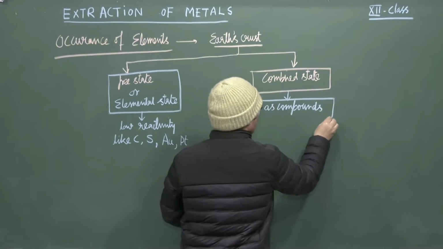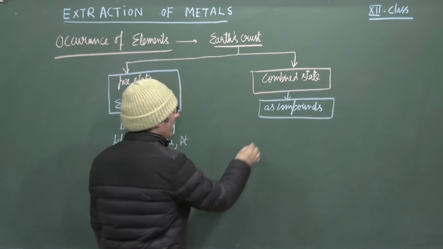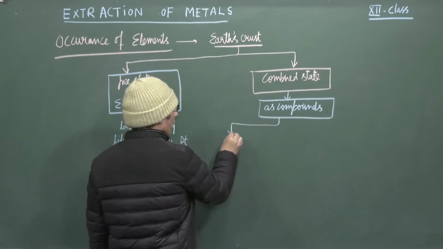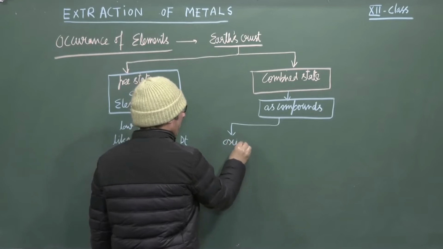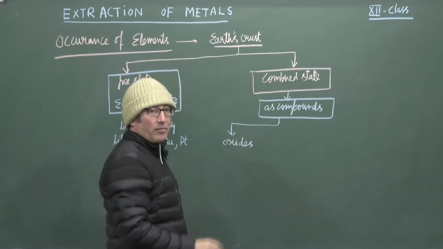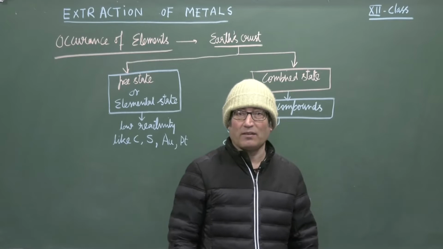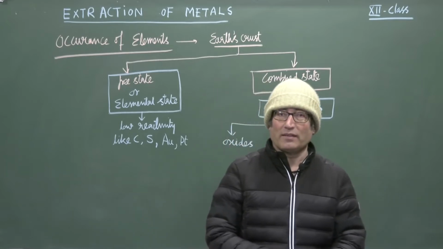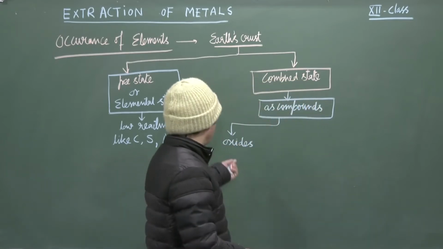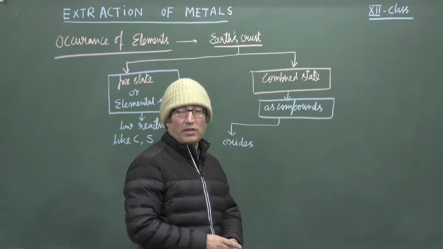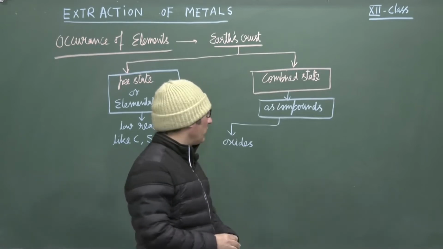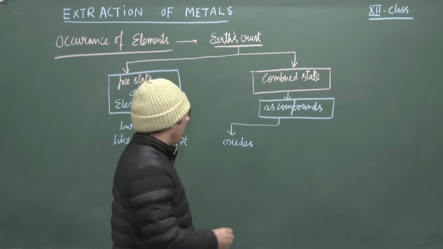In the compound state, element can exist as oxides. There are many elements, particularly the metals, which exist in the Earth's crust in the form of oxides, like iron. The major source of iron is hematite ore, where iron is present as an oxide.